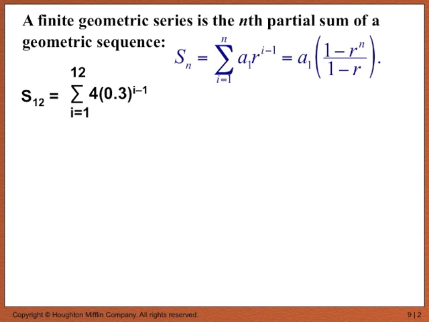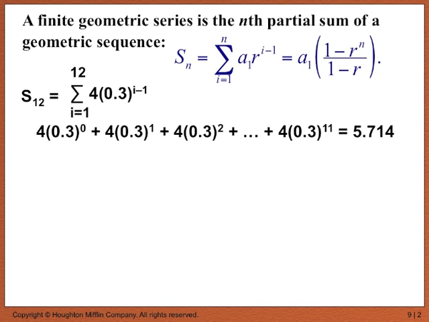All right, well, doing it the long way looks like this. This is our geometric sequence, and we simply fill in for i the values 1 to 12. So when i equals 1, 1 minus 1 is 0, and anything raised to the 0 power is 1, so 4 times 1 is 4.